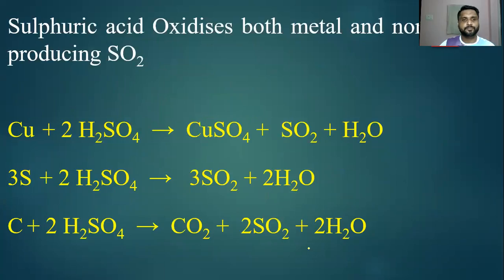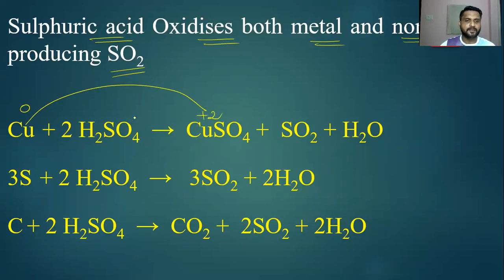Next one, sulfuric acid oxidizes both metals and non-metals, producing sulfur dioxide. Copper becomes copper sulfate, copper 0 state to copper +2 state, and sulfuric acid with +6 on the sulfur becomes sulfur dioxide with the +4 state, correct?